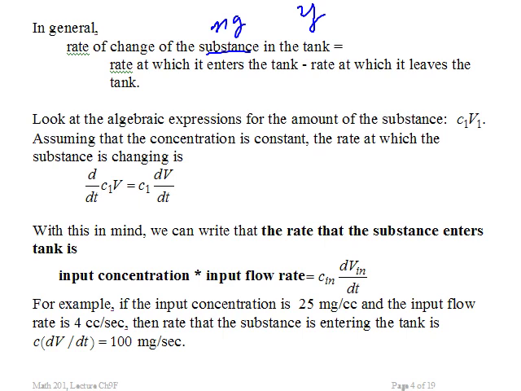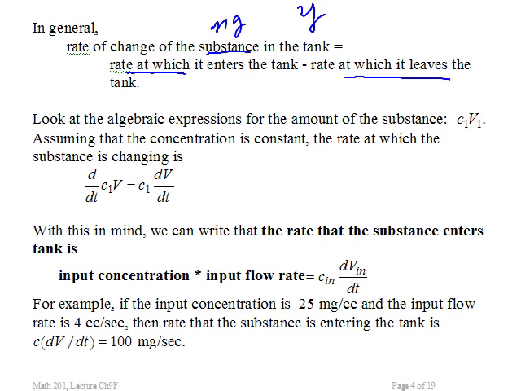The rate of change of the carbon monoxide in the room is equal to the rate at which it's entering through the air intake, minus the rate at which it leaves the room. So you have some kind of a circulating, cleaning air system. Equating the carbon monoxide entering the room minus the carbon monoxide leaving gives you the rate of change of the carbon monoxide in the room.